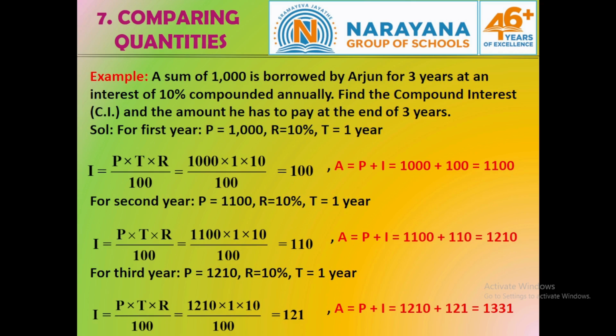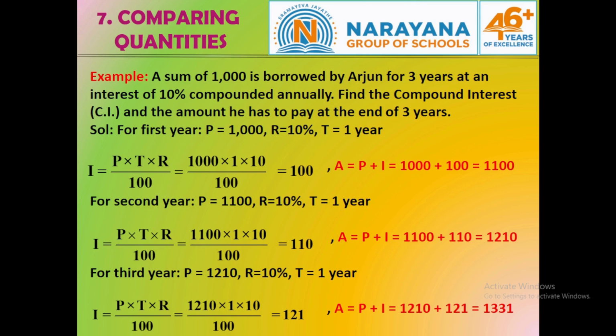Suppose if you want to solve the problem in the simple interest concept, directly we are going to substitute the values in the formula of PTR by 100. We'll get interest and after that we'll get total amount. But here we need to find compound interest, compounded every year.